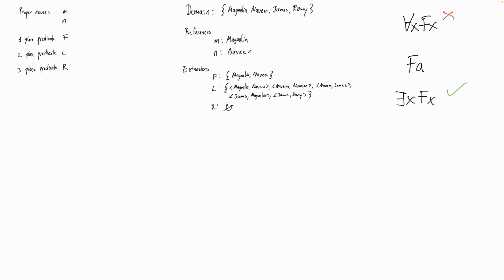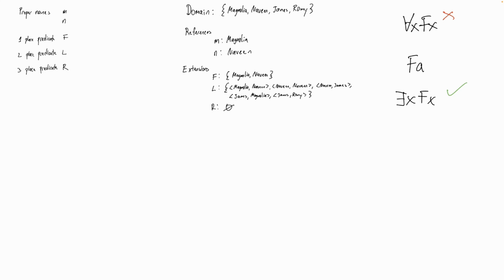But the official story for how to calculate the truth value of for all x Fx is not spelled out in exactly those terms. The official valuational semantics still starts by telling you to look at Fa, but then it says that there are various ways of expanding our original valuation so that a referent is now also assigned to the dummy name A. Because there are 4 members of the domain, there are 4 different ways of doing that.